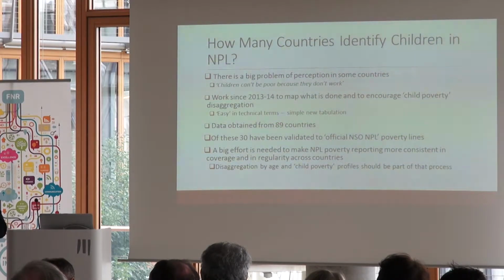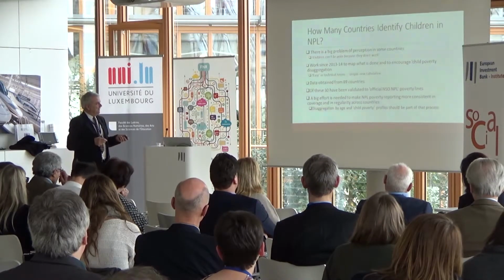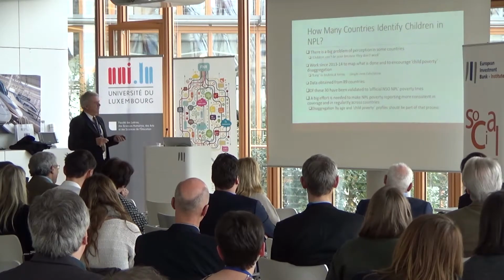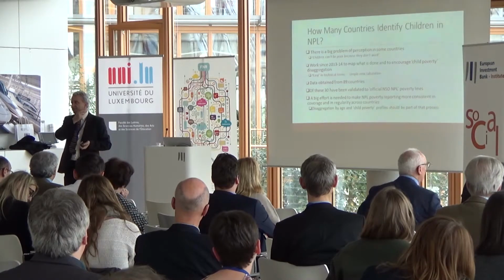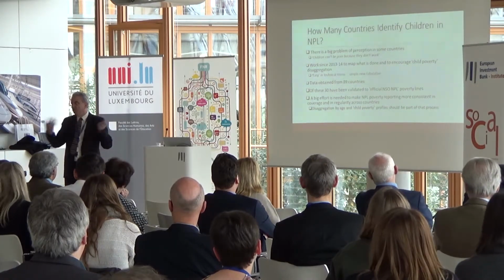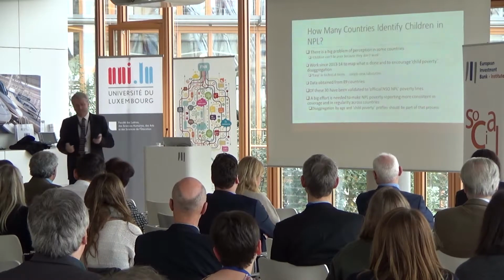Not to have it produced by a university, not to have it produced by a think tank, but for the National Statistical Office, for the government to own that child poverty number. And when we do that, we get down to 30. And that's kind of depressing, but when you think about countries overall reporting poverty since 2009, we saw 40. So I'm not that depressed.